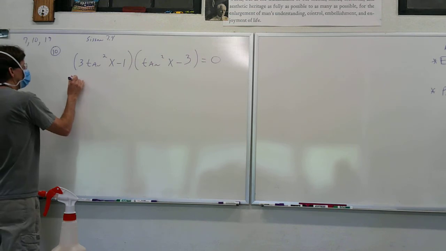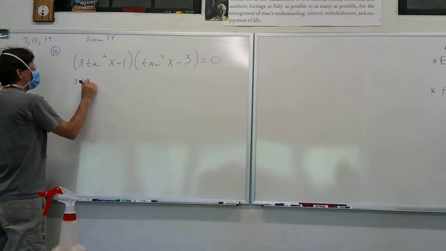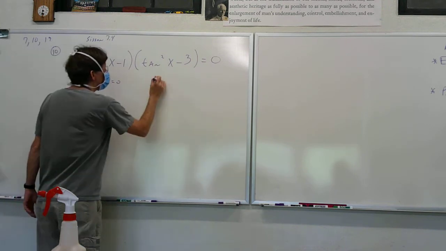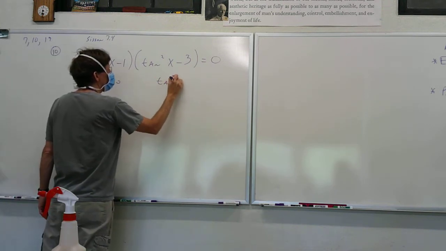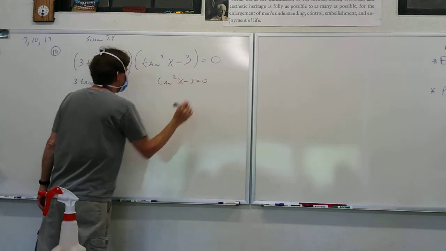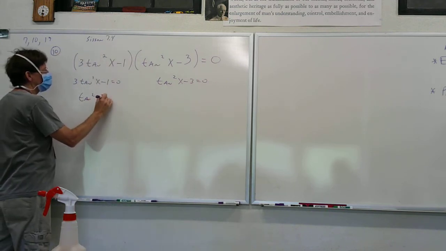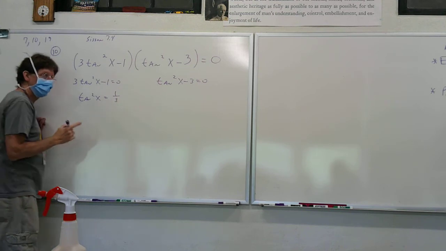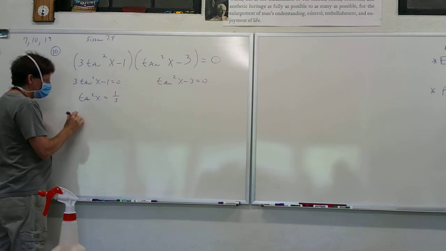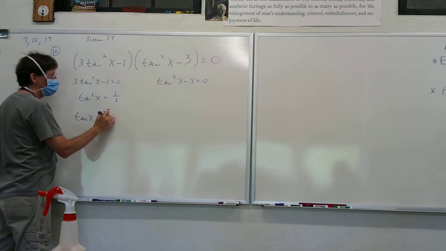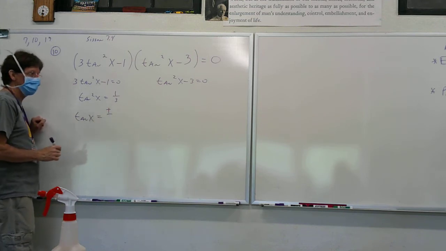So what I will do, set that one equal to 0, and set that one equal to 0. I want to get tangent squared x is equal to 1 over 3. Please remember, you are taking the square root, so it could be positive or negative.